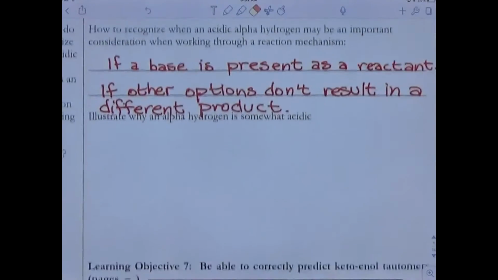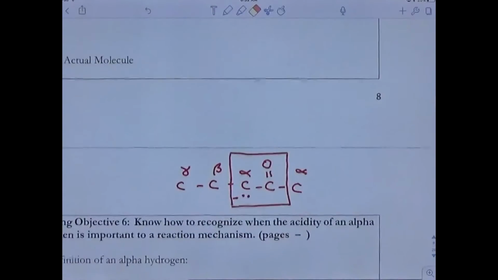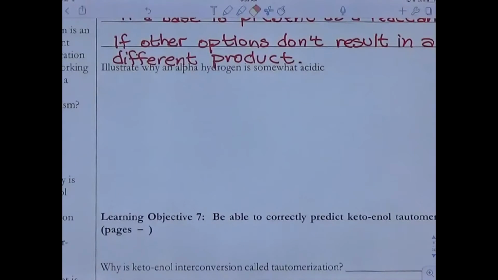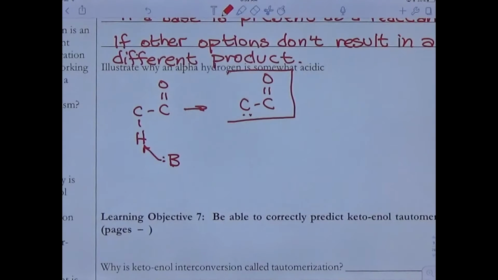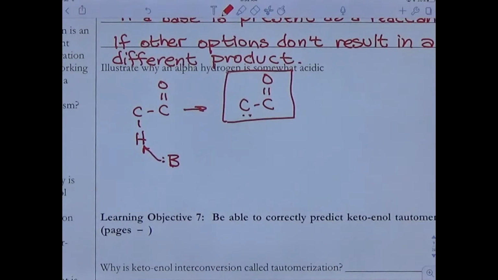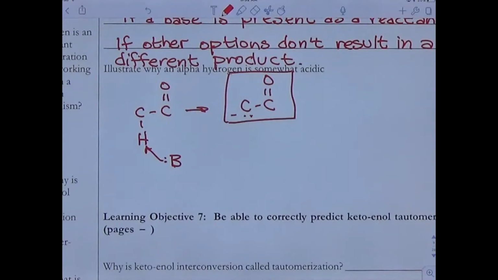Now to illustrate why an alpha hydrogen is somewhat acidic. I just showed you up here, but I'll do it again so you have it in the right place in your notes. If a base pulls that hydrogen off, so that you create a carbanion, then that's going to have resonance. If you draw the resonance contributors for that, you have your group of three.